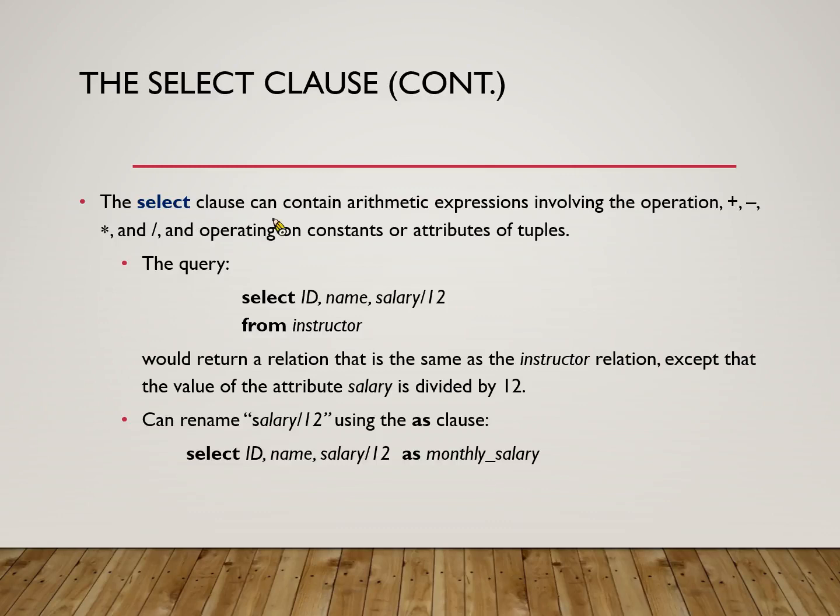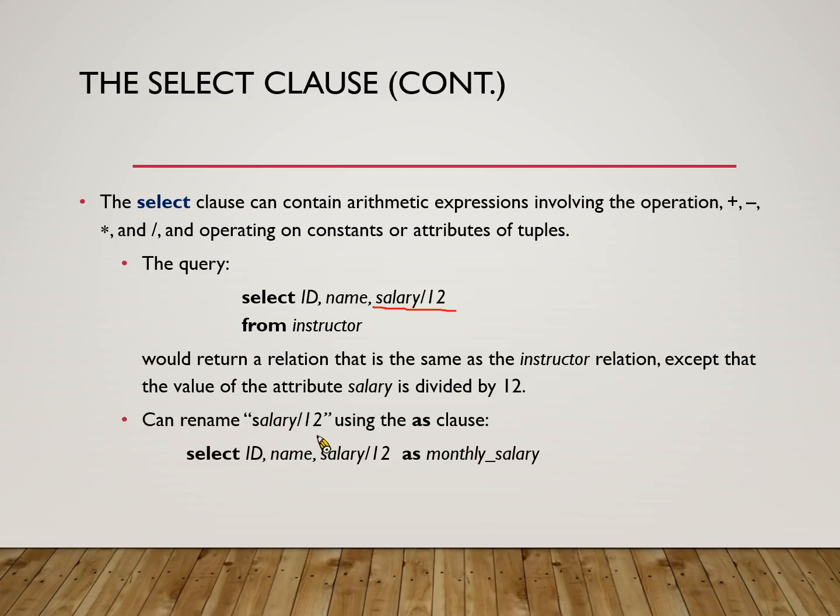And the select clause can contain arithmetic expressions involving the operations plus, minus, product, and division, and operations on constants or attributes of tuples. For example, if we want to retrieve instructors' ID, names, and monthly salary, we can use this. Here the attribute salary can be divided by 12, and we can obtain the monthly salary value.